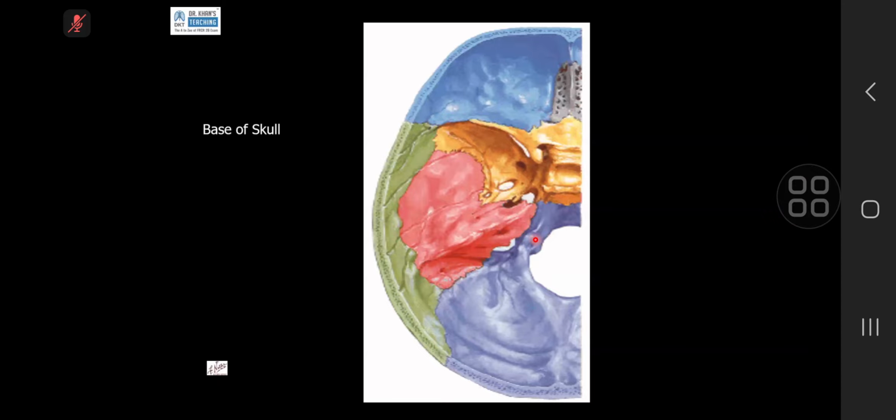This jugular tubercle is an important landmark because they will show you, particularly in your part 1 also, and I will teach you today. Inferior to it passes what we call the hypoglossal canal. In the exam also, they can ask you, particularly when pathology is sitting there.